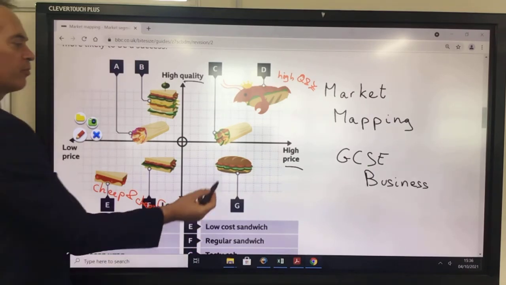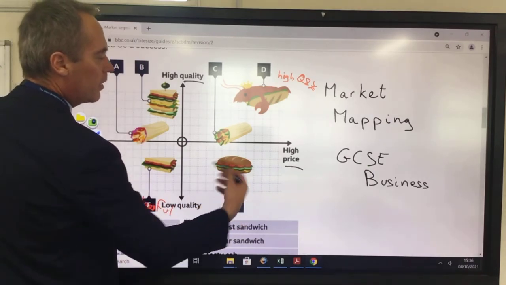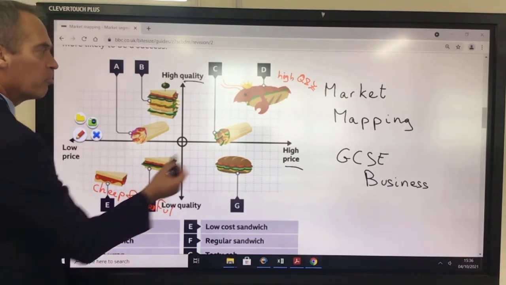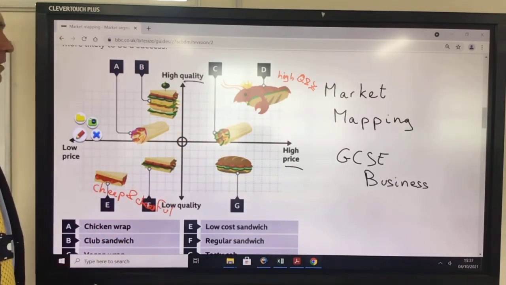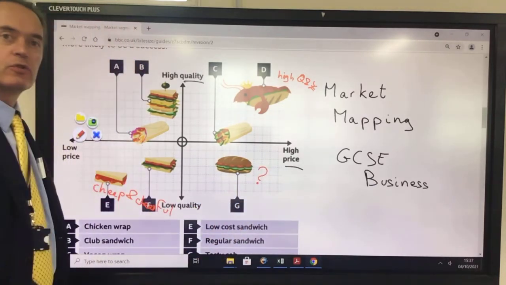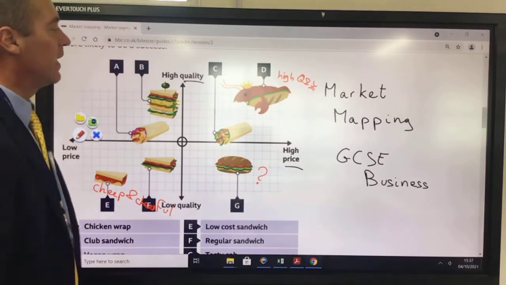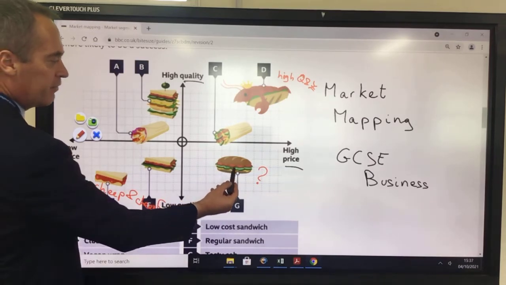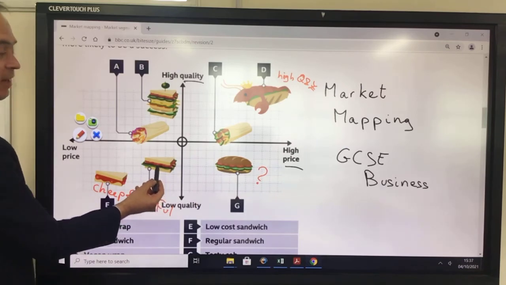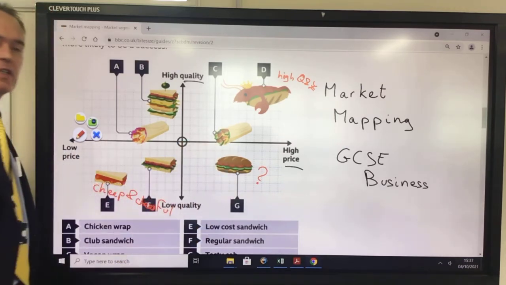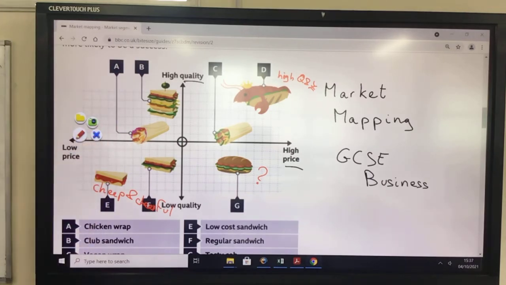If you are selling your product at a high price, but the quality isn't quite there compared to the rest of the market, then there are some questions as to how long you're going to survive until the clients realize that there are better deals around. Because for that level of quality, you could pay half the price, or for the same price, you could get something that's a lot tastier, in this example of sandwiches.